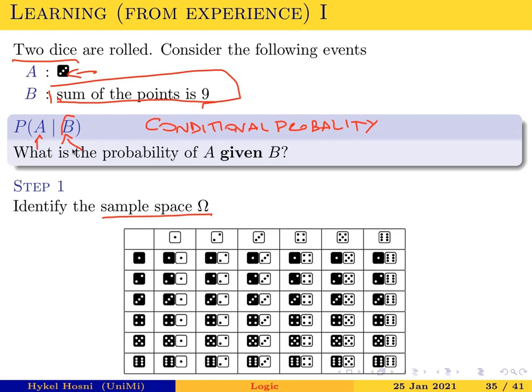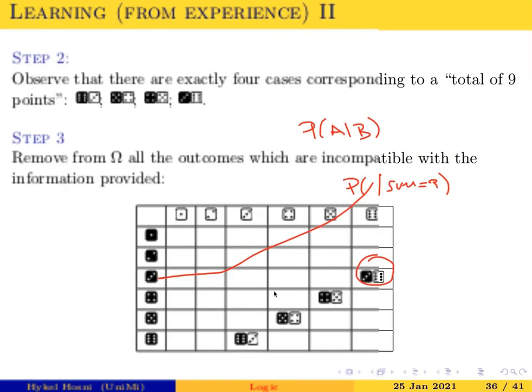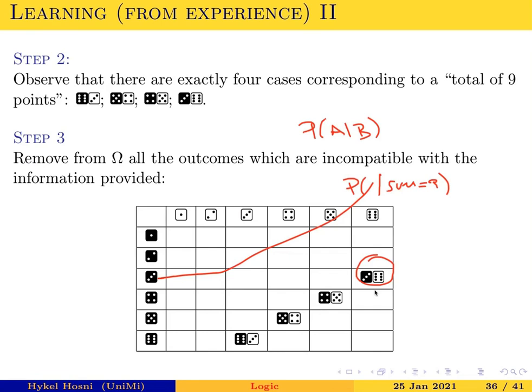Somebody says B, and by the act of saying B, everything which is not B gets deleted. And then you have kind of a new omega. So omega 1 now is just 4 elements, and only 1 has the property that you want. So you learned, and you just change your initial probability.